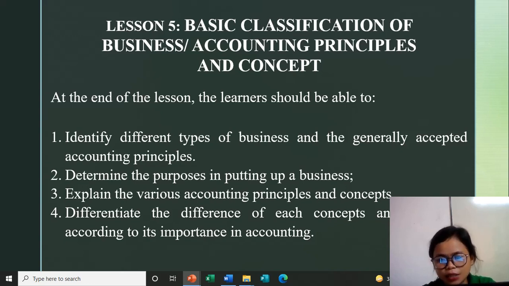At the end of the lesson, you should be able to identify different types of business and generally accepted accounting principles, determine the purpose in putting up a business, explain the various accounting principles and concepts, and differentiate each concept and principle according to its importance in accounting, and know the classification of business.